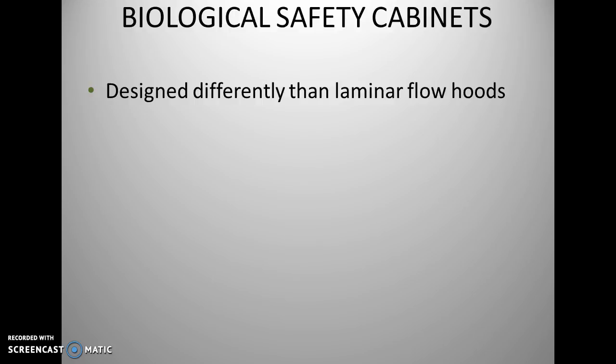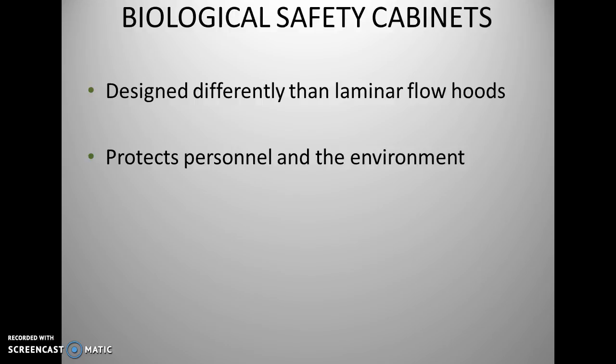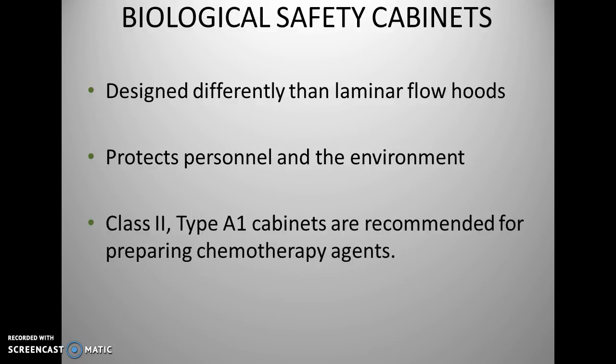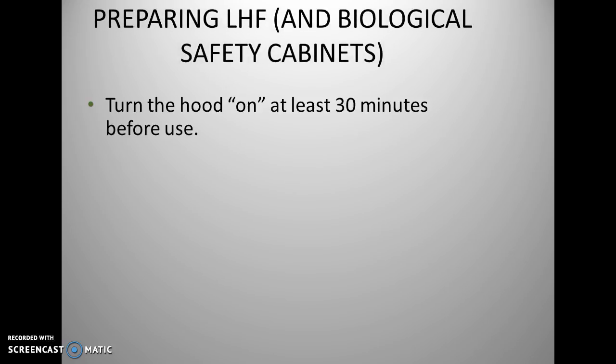These are slightly different than a laminar flow hood because they not only protect the materials being worked on, they also protect the personnel. And you have different classes. Class 2, type A1 cabinets are recommended for chemotherapeutic agents.